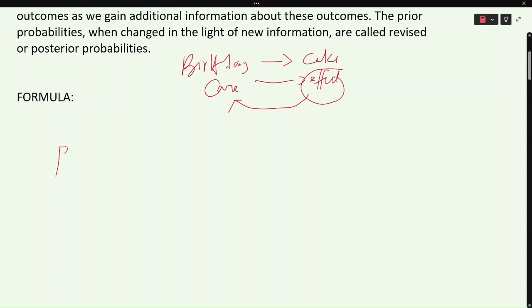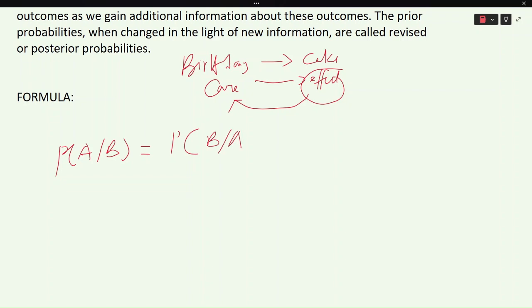We want to find the probability of A given B, which is equal to the probability of B given A times the probability of A, divided by the probability of B. So this is what we want to find; that is the posterior probability.